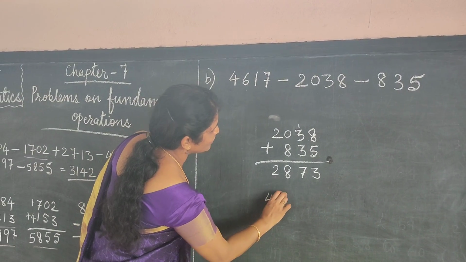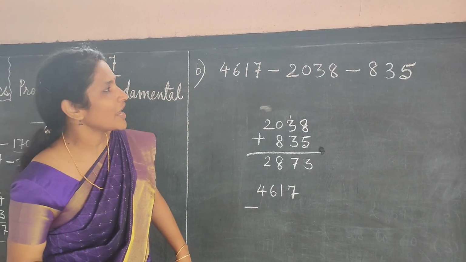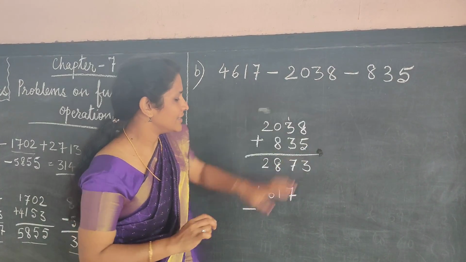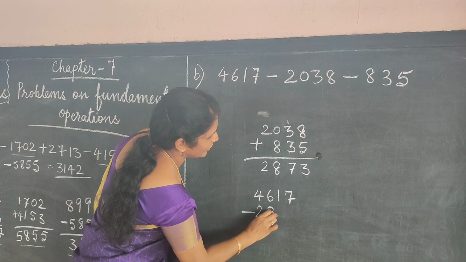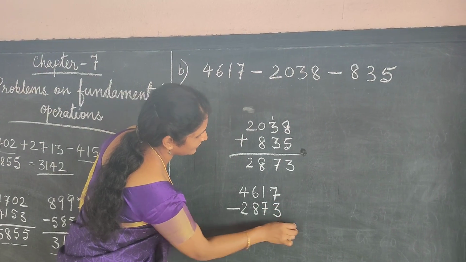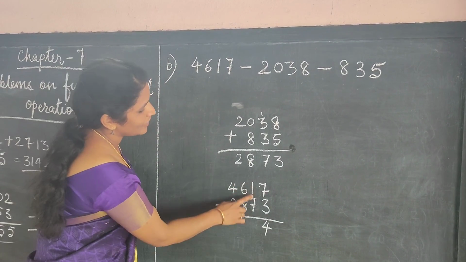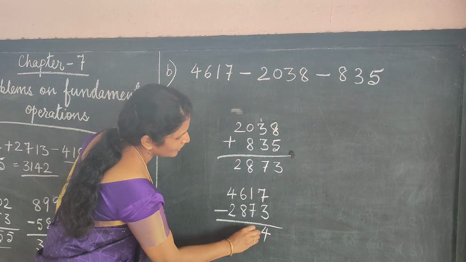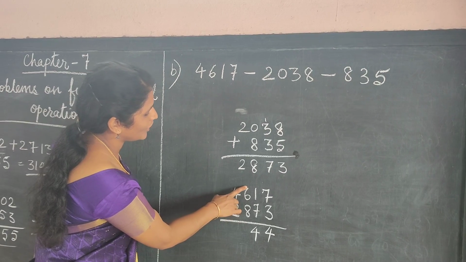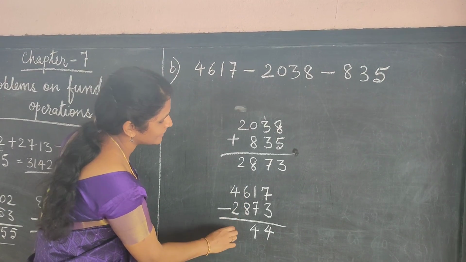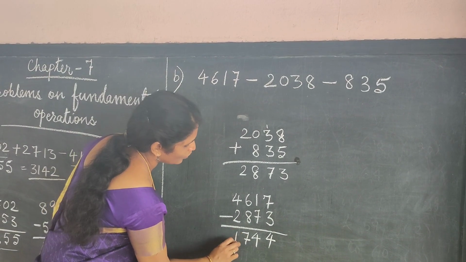From 4617, we are going to subtract the sum of minus signed numbers, 2873. 7 minus 3, 4. 11 minus 7, 4. 5 is there. Then we can borrow again. 15 minus 8, 7. 3 minus 2, 1.